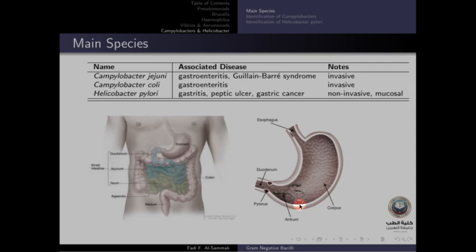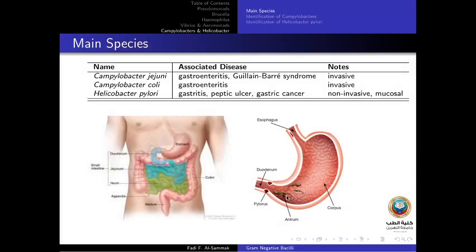It is associated with gastritis, peptic ulcer, and gastric cancer. However, association does not mean causation. It is non-invasive and mucosal, and it can be associated with different pathologies depending on the clinical manifestation.